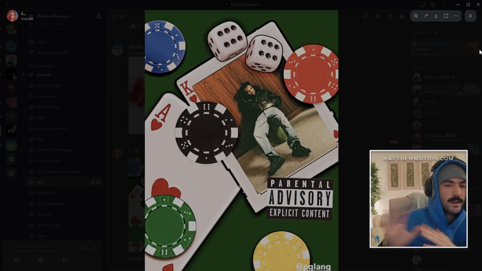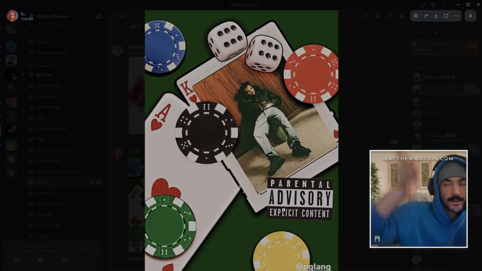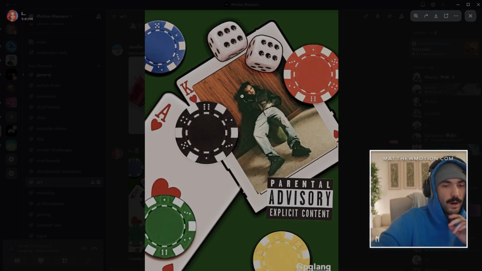Or if you have negative space, like for instance, maybe you took out the yellow one and that's where you put the parental advisory and you framed it in the corner, had equal margin and equal spacing. And then that was the thing that balanced the bottom right side of the frame to all this fun casino theme and story that you're trying to tell on the top. And like he's part of the card and everything.